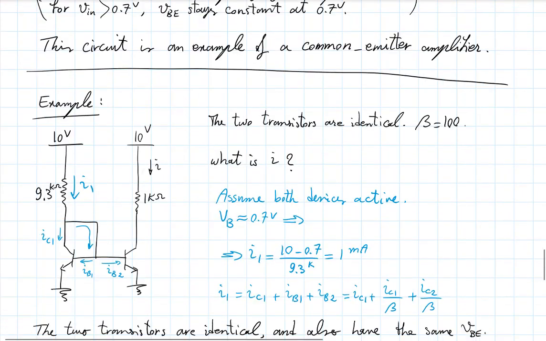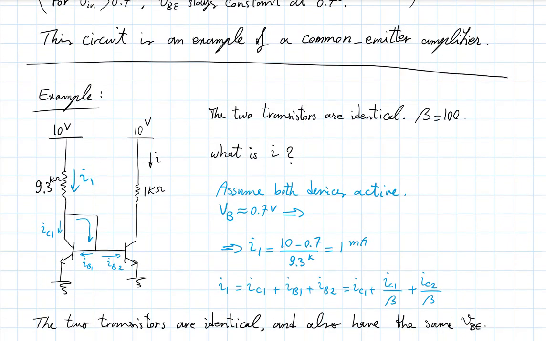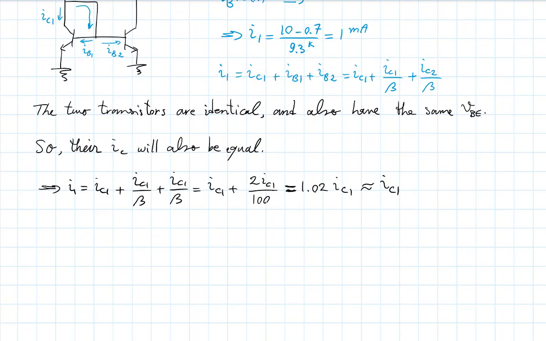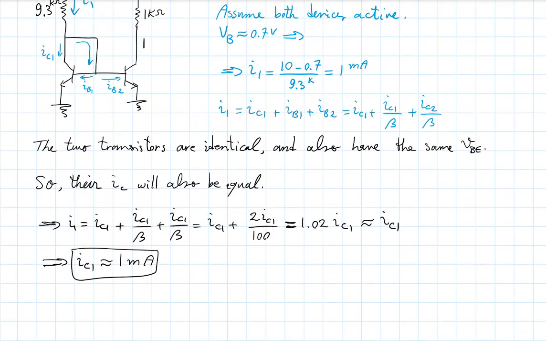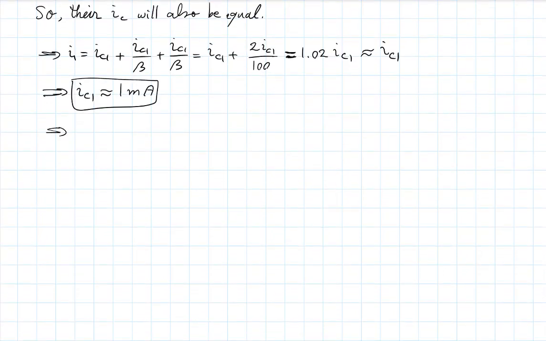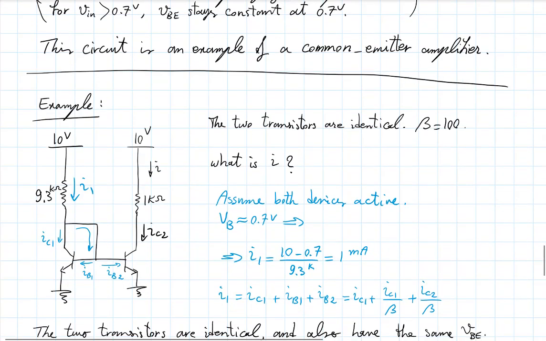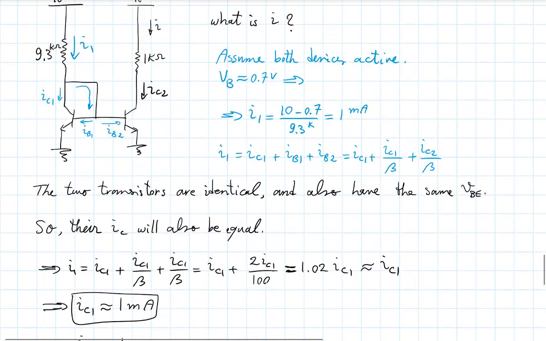So if I1 is 1 milliamp, as we found out before, so is IC1. Which means so is IC2. And I is just IC2. It's the same current there.